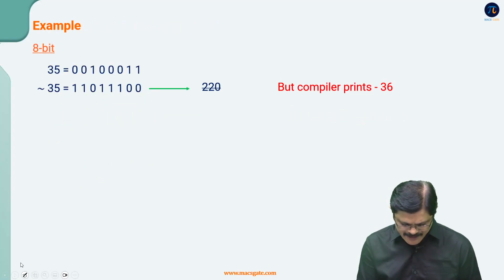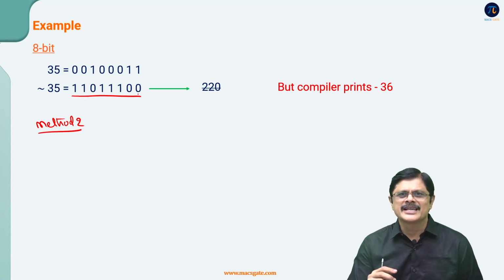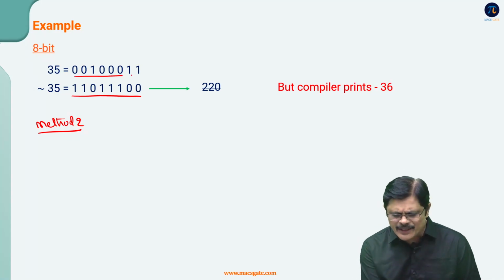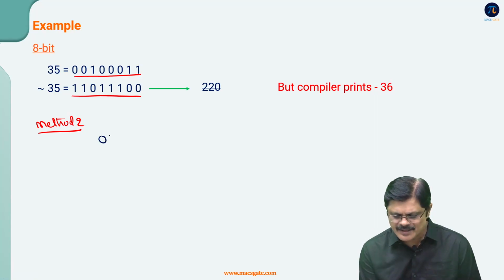The second method is 2's complement of this number. See, actually all the bits are flipped, that is you get the original number again. So, directly you can start with the original number 0 0 1 0 0 0 1 1, then add 1.